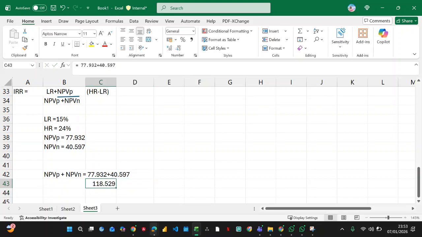So when we do this, we have 77.932 plus 40.5997, and that's the answer. So we solved this one. You understand?